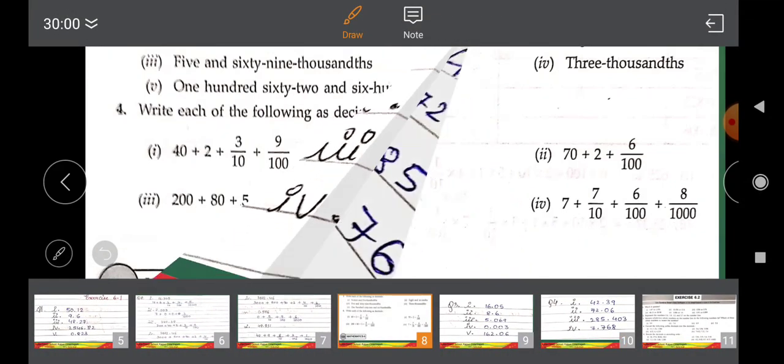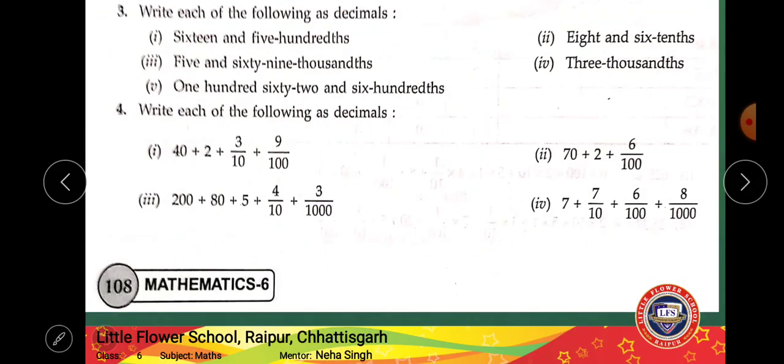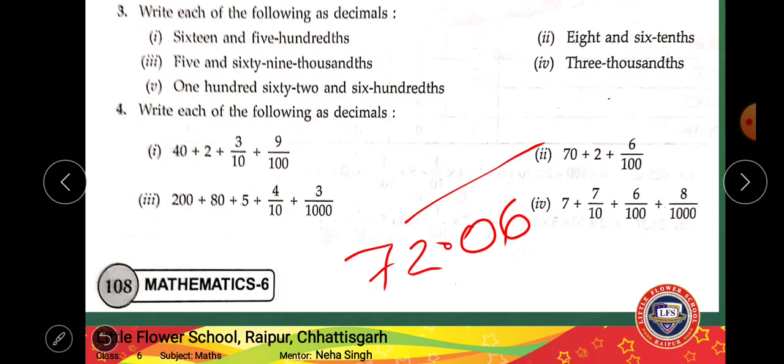Moving on to the second, 70 plus 2 means 72. Decimal fraction starts, so we'll put a decimal, right? Now 6 upon 100 means 6 hundredths. Tenths place is not given, so we'll put a 0 and 6. This was for second, right?